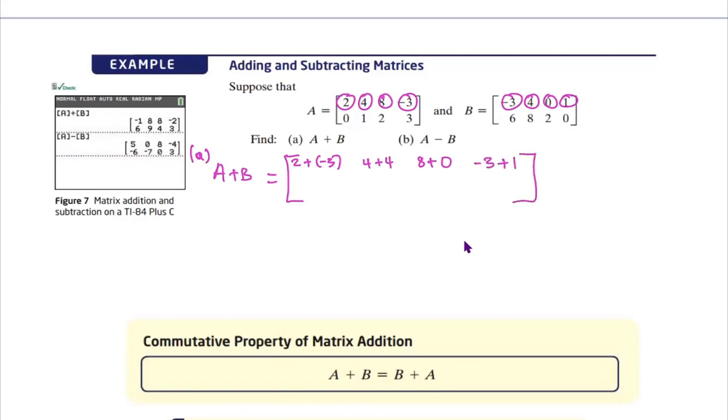Now let's go for the second row: 0 plus 6, 1 plus 8, 2 plus 2, and 3 plus 0.